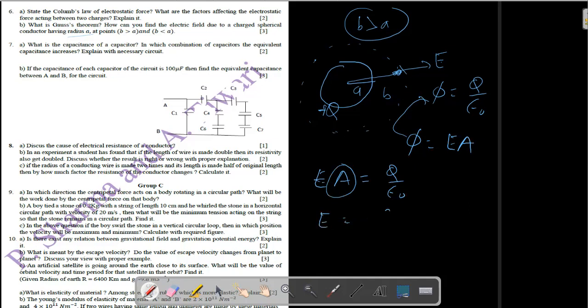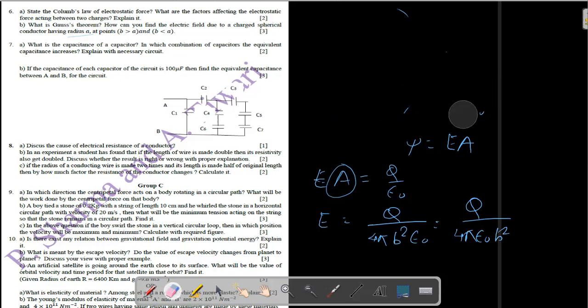So after writing the area, that is 4 pi b square, and then epsilon naught, and after rearranging this we'll get the required expression.